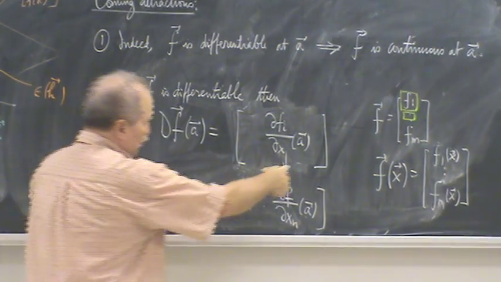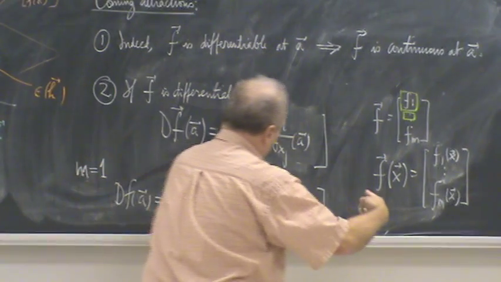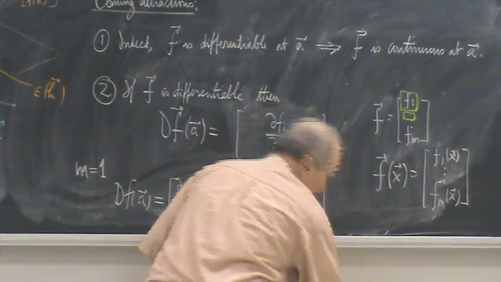And this makes sense because you're going to want to multiply it by a vector with n components. It works out exactly, right? Row vector with n things, column vector with n things.